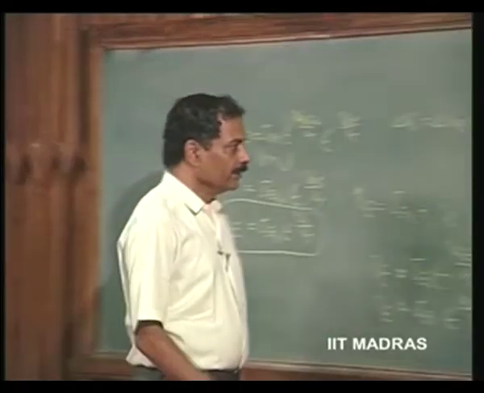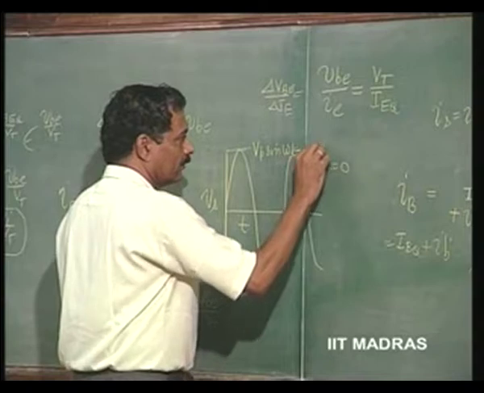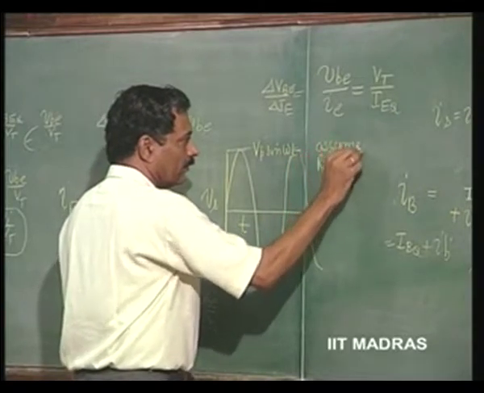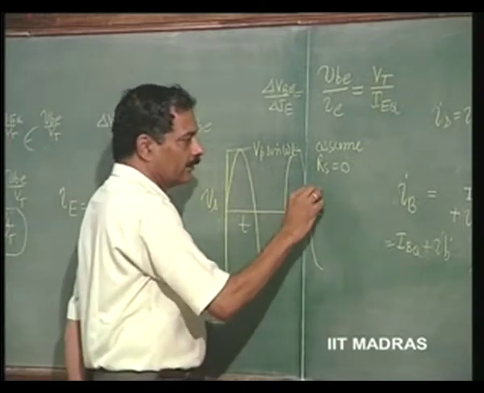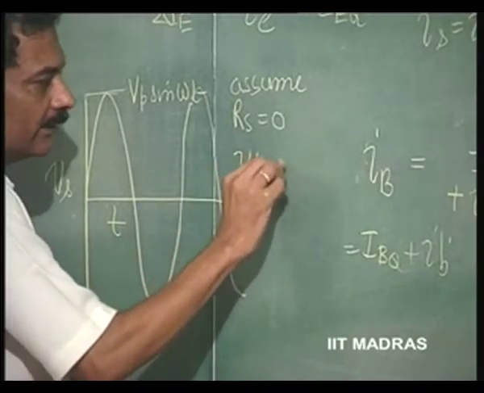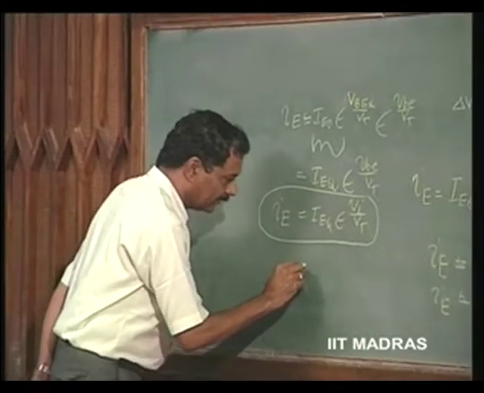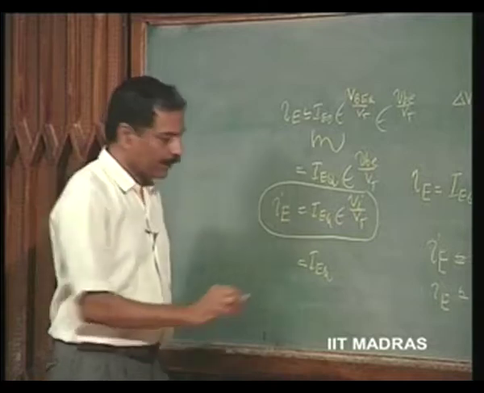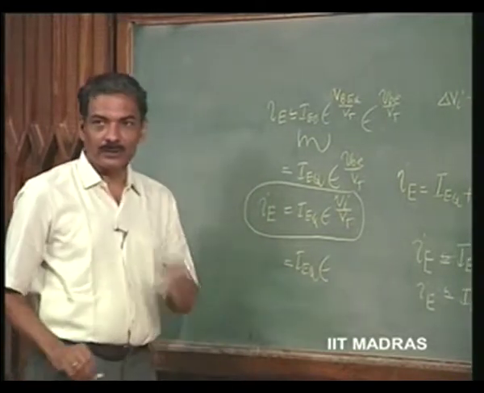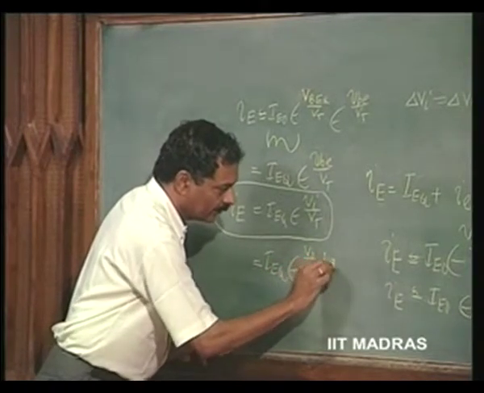So, let us say this Rs equal to 0, assume Rs equal to 0, then Vi is equal to Vs, okay. Under that situation, you can say that this is equal to IEQ, okay, exponent Vp by Vt sin omega t.